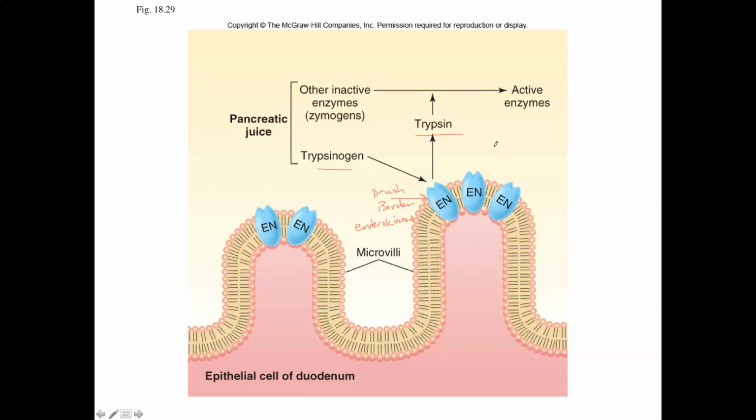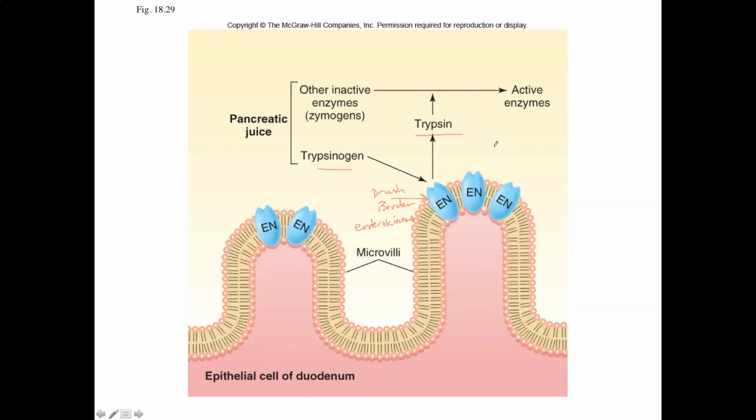Once you have active trypsin, then the active trypsin can go on to activate chymotrypsinogen, procarboxypeptidase, and proelastase. And so we end up with the functional form of those enzymes, the trypsin, the chymotrypsin, the elastase, and these will continue to help us fragment polypeptides and, of course, create free amino acids using the carboxypeptidase and then, of course, the aminopeptidase.